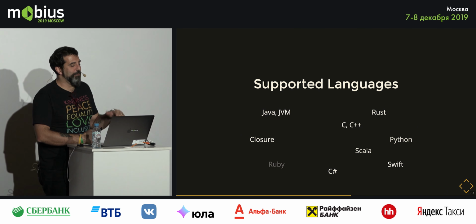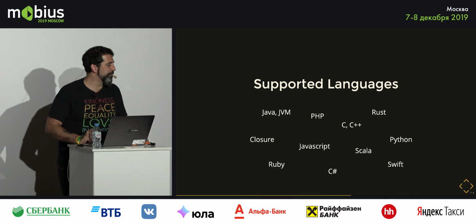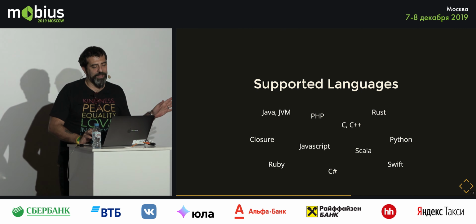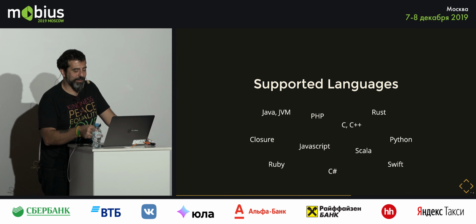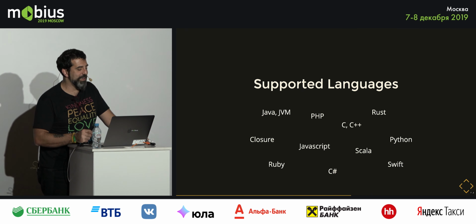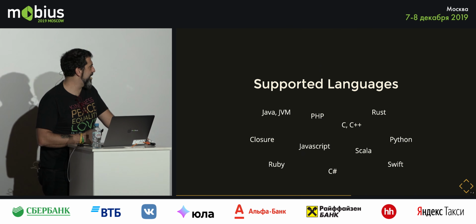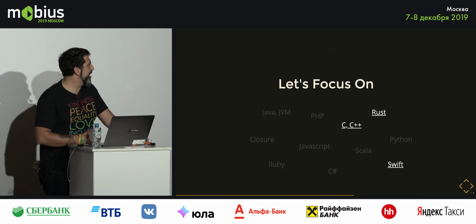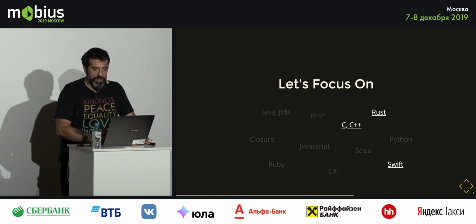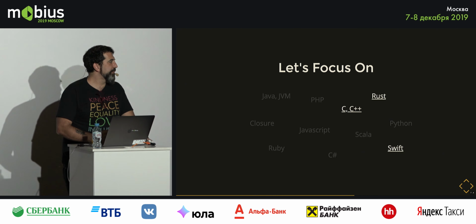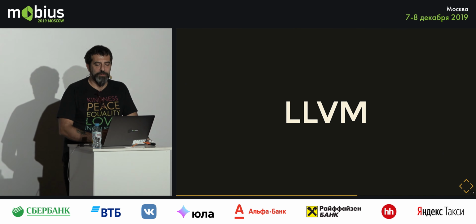The supported languages for mutation testing are a lot. There is Java, the JVM, so Kotlin can be used with mutation testing, PHP, Rust, C++, Clojure, JavaScript, Scala, Swift. And let's focus on Rust, C++, and Swift. Why? Because all of them can be built with the LLVM.